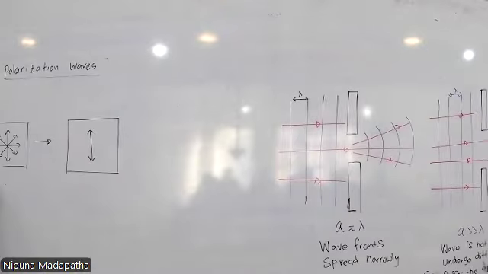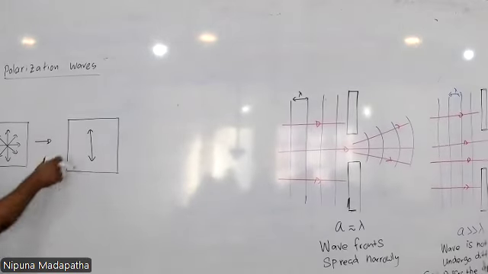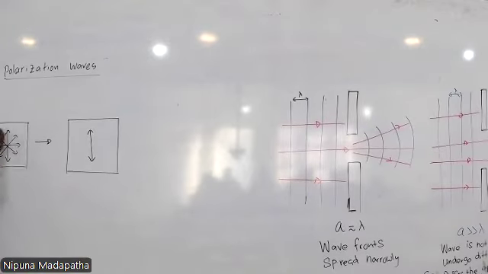Polarization is the method by which we restrict the oscillation plane of the transverse wave to a single plane. Right? So suppose this is an electromagnetic wave, for example a light wave. A light wave has various planes it can oscillate in.